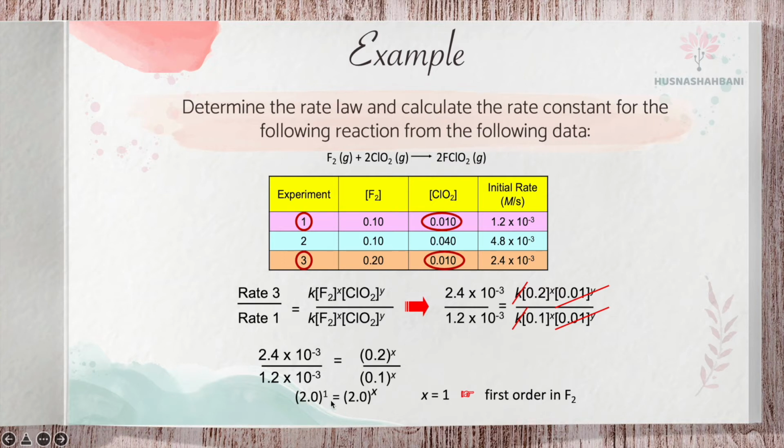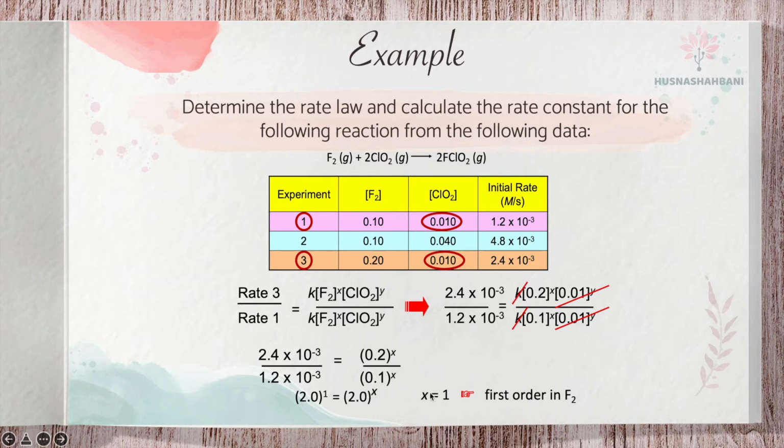2 to the power of 1 equal to 0.2 divided by 0.1, here 0.2 divided by 0.1 power x. So 0.2 divided by 0.1 is equal to 2 power of x. So 2 power 1 equal to 2 power x. So we know that this x is equal to 1. When x is equal to 1 means the power is 1.